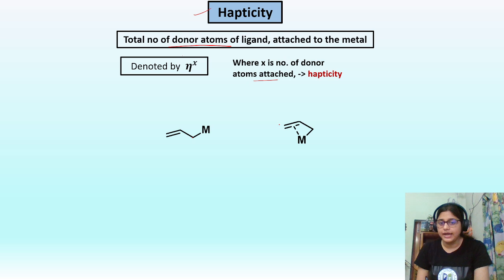Okay, and here the same allylic ligand is there, but here, if you see, it is attached to the corner carbon and also the pi bond. Okay, this kind of dashed bond I have shown to show the interaction between these two. Fine. So what will be the hapticity in both cases? Because the metal is the same here, the ligand is also the same. So metal and ligands are the same here.